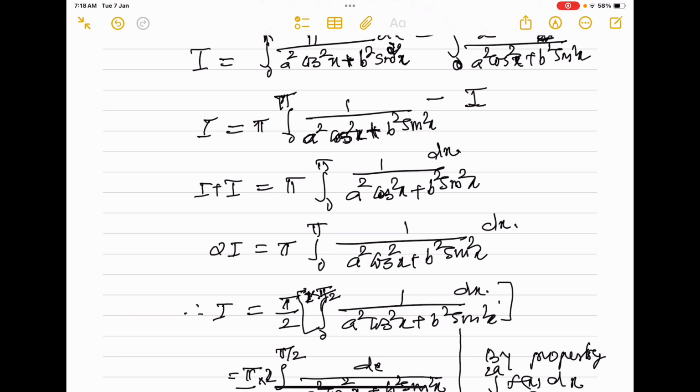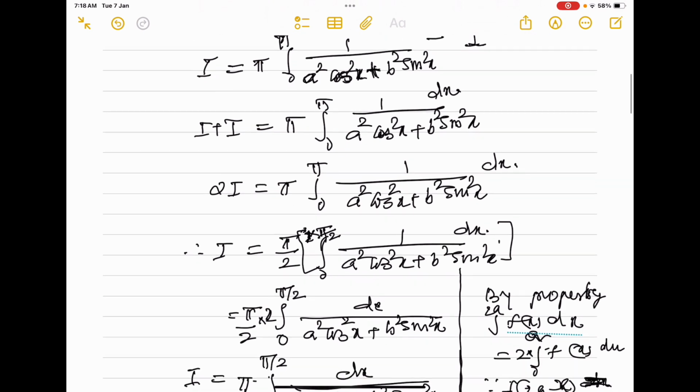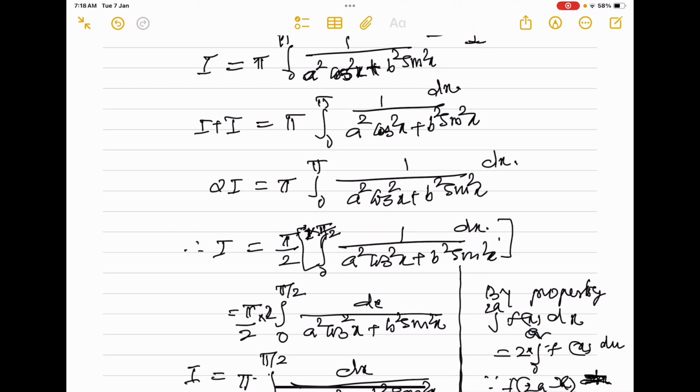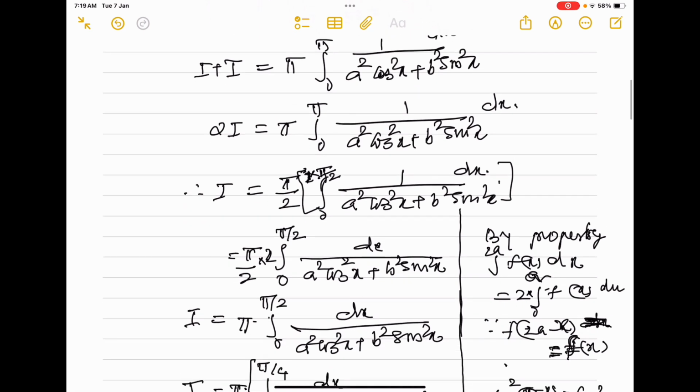Here we apply the result: integral 0 to 2a f of x dx equal to 2 into integral 0 to a f of x dx, since f of 2a minus x equal to f of x. Here 1 by a square cos square x plus b square sin square x is the f of x.